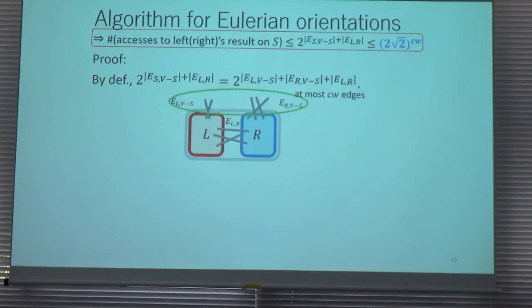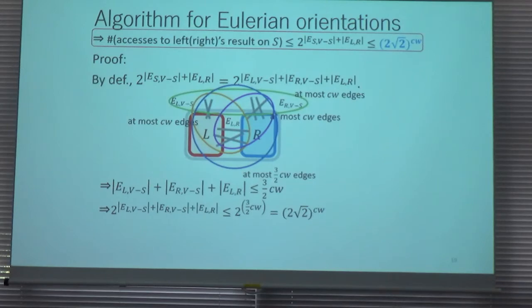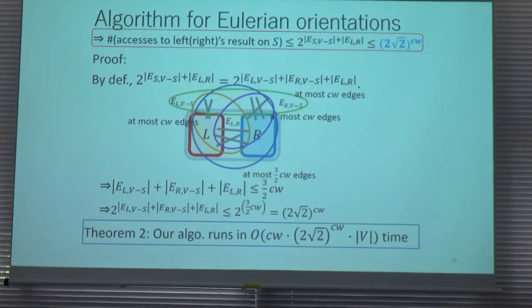The number of edges in E(L,V\S) and E(R,V\S) is bounded by the carving width because it is the boundary of node S, and E(L,V\L) is also bounded by the carving width because it is the boundary of L, and similarly for R, so this sum is bounded by the carving width. By summing them, we can calculate the following order, and this sum is bounded by 2 square root 2 to the carving width, so we can obtain this time complexity.